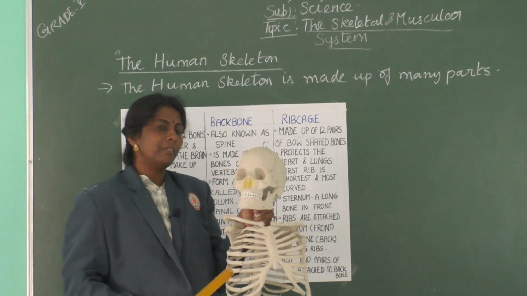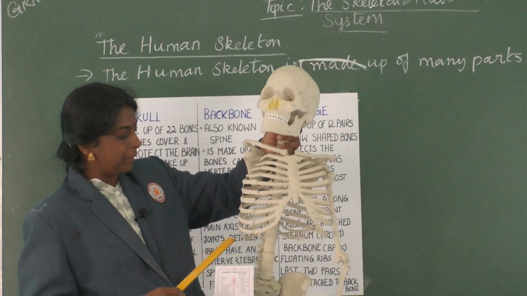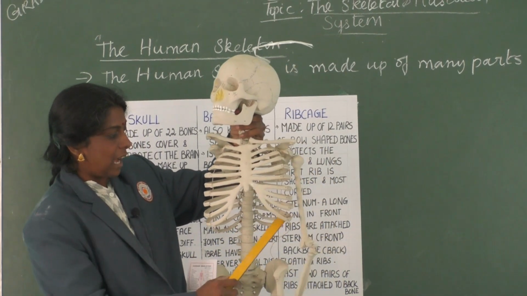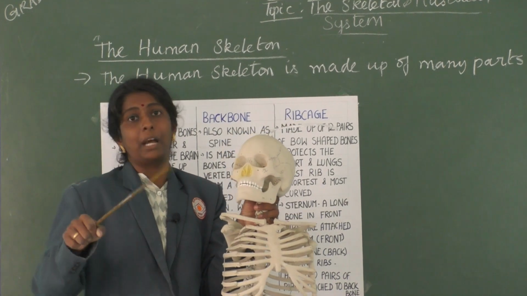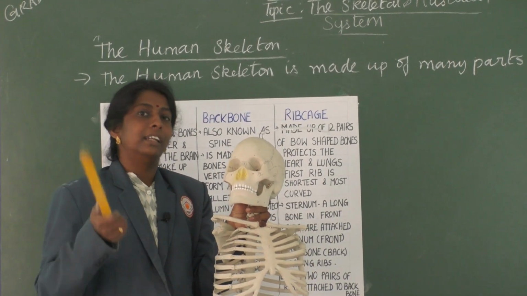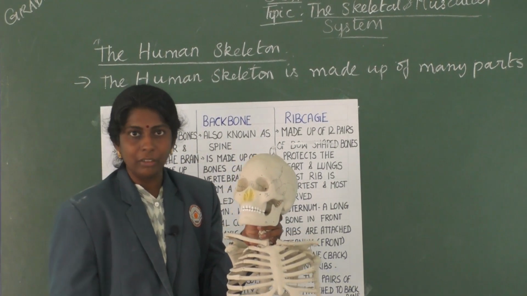Now, about the floating rib. What do you mean by floating rib? The last two ribs are attached only to the backbone, and that's why they are termed floating ribs.